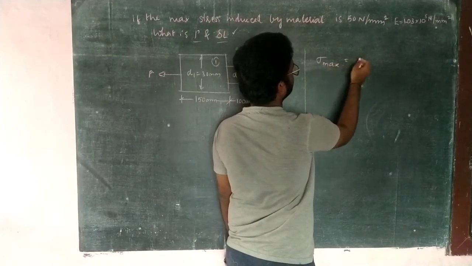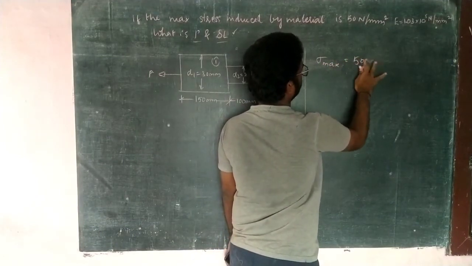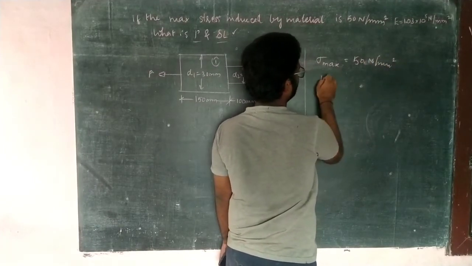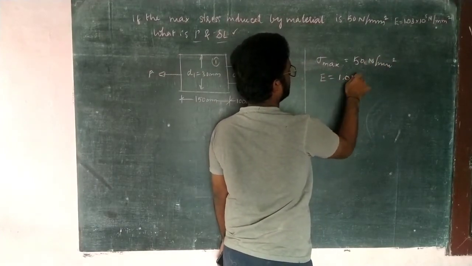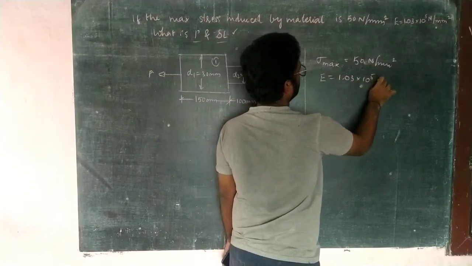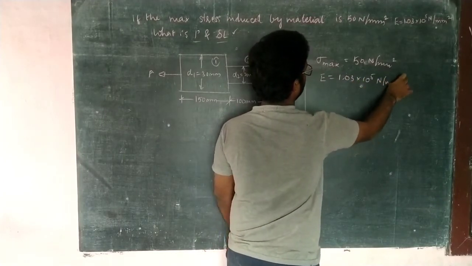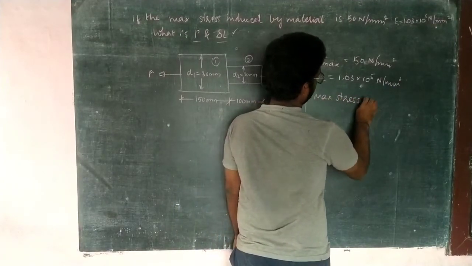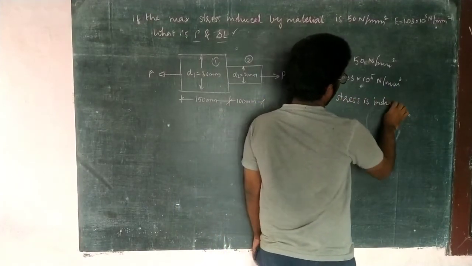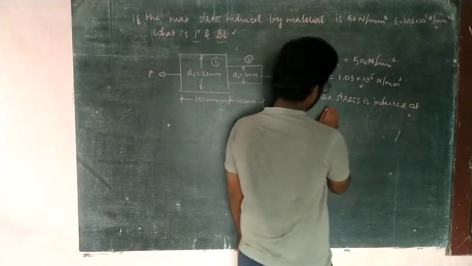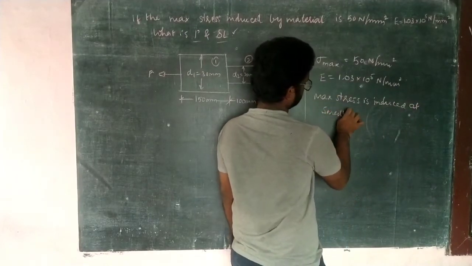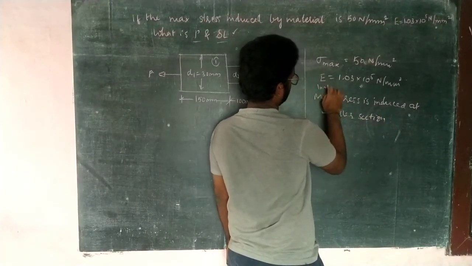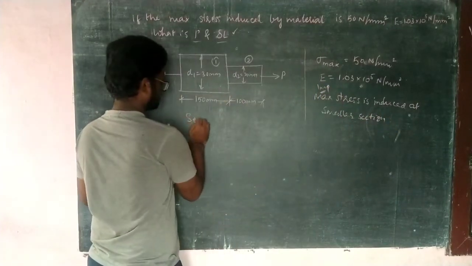The maximum stress induced is 50 Newton per mm square, and Young's modulus is 1.03 into 10 raised to 5 Newton per mm square. The maximum stress is induced at the smaller section. So it is very important to know, you have to remember, section 2.